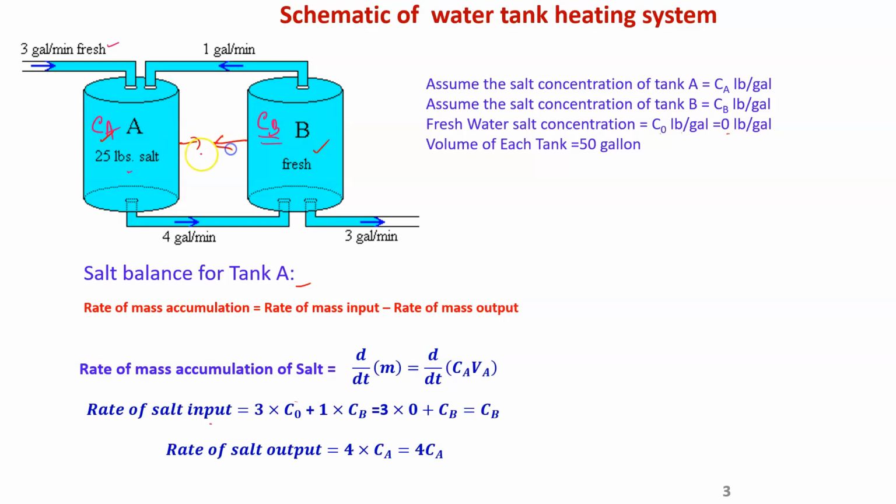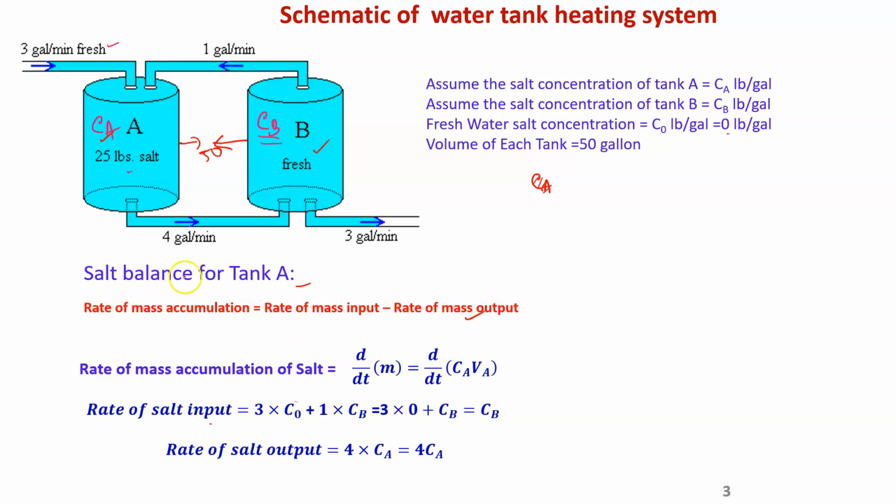Now here initially 25 pounds of salt is there. We can easily calculate the concentration initially, so we will do that. Now first the salt balance for tank A. We know the rate of mass accumulation is equal to the rate of mass input minus the rate of mass output.